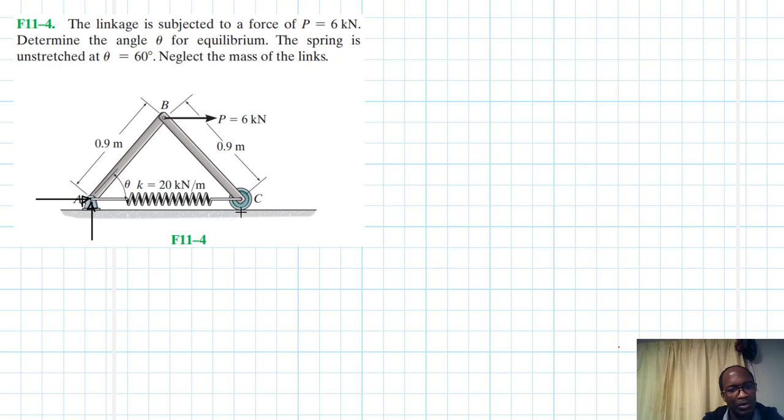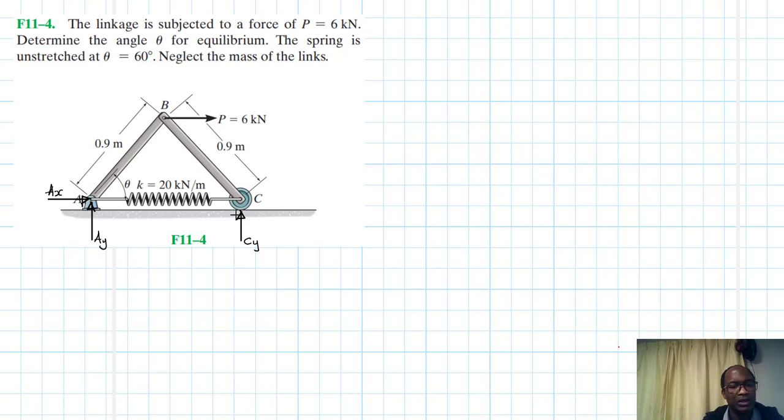And then at this point, we are going to have a normal force like so, which is a reaction force. Alright, let's label these ones. So let's call this one CY, we call this one AY, and then we call this one AX.